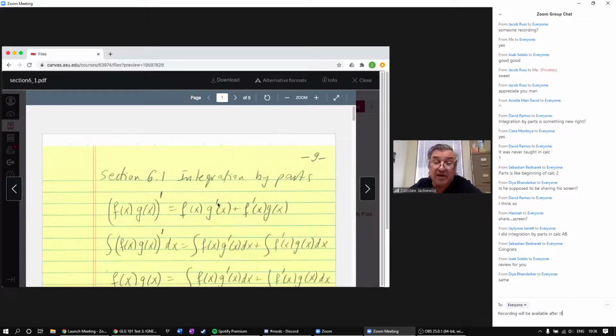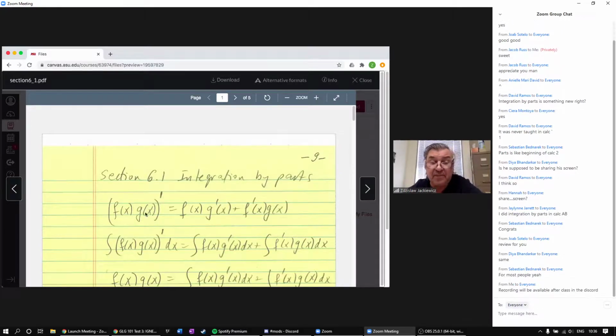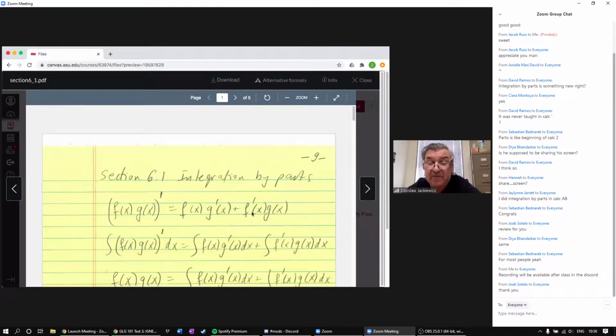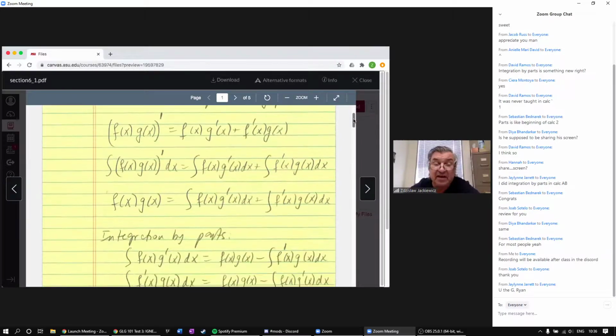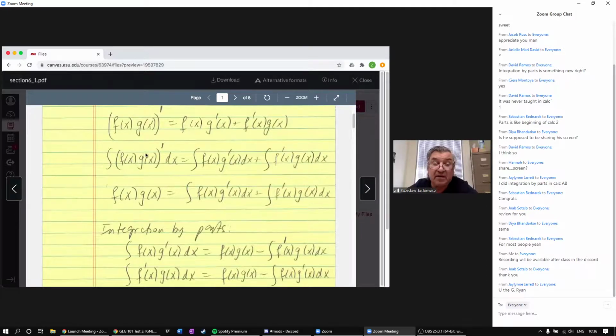So again, we have a product rule for the product of two functions. The derivative of the product fg is f g prime plus f prime g. So that's a product rule from the last semester. Now, if you integrate both sides of this equation, the integral of this is equal to the integral of this plus the integral of this.